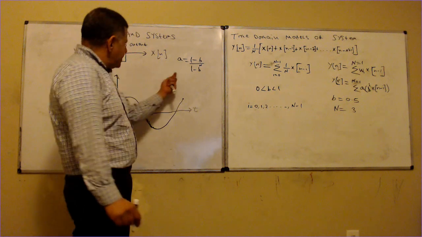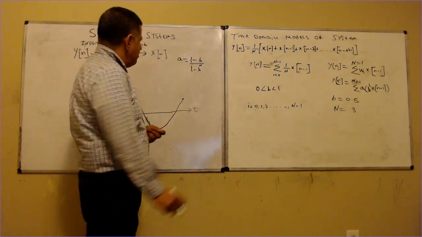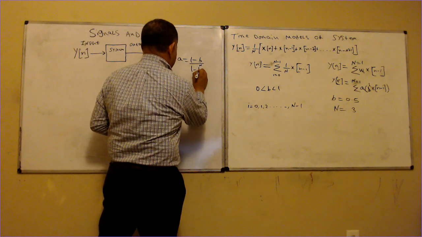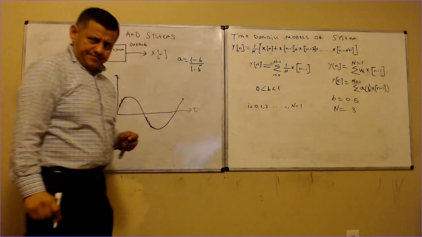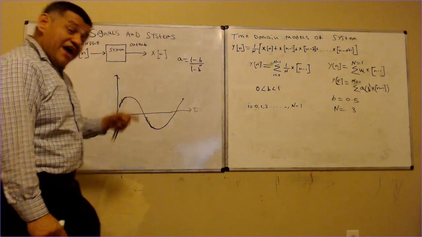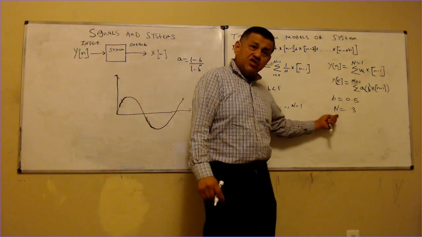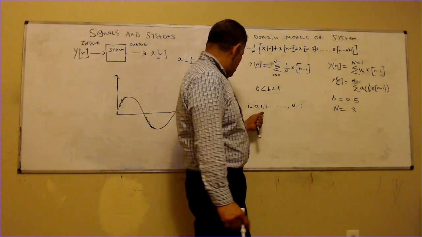Now, I have to find my A. Once I find that A in this event, I'm taking the largest number, which is going to be 3.